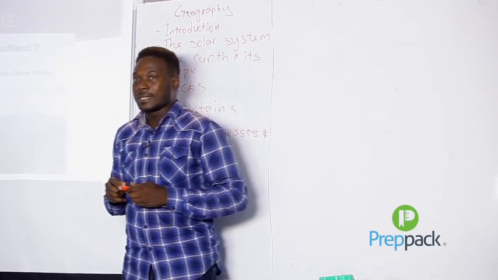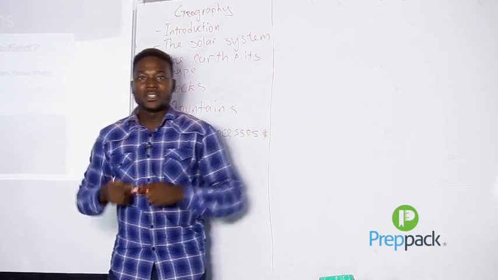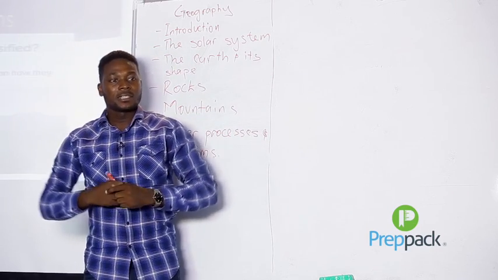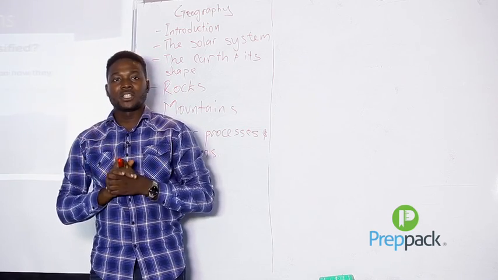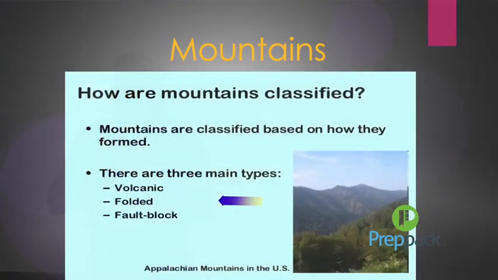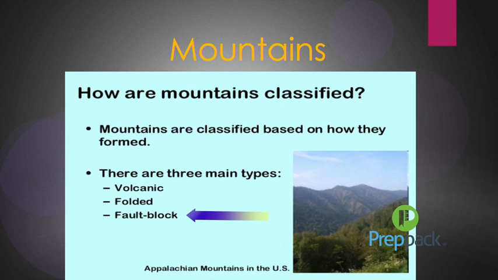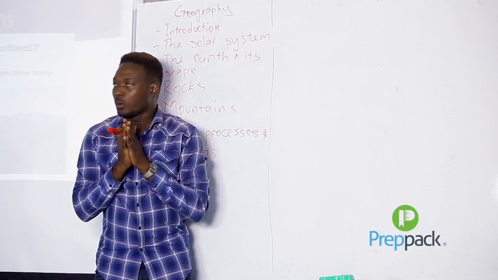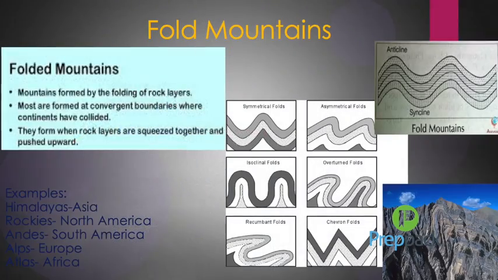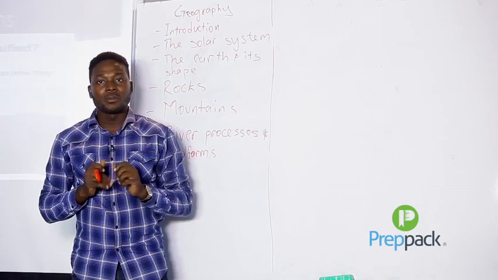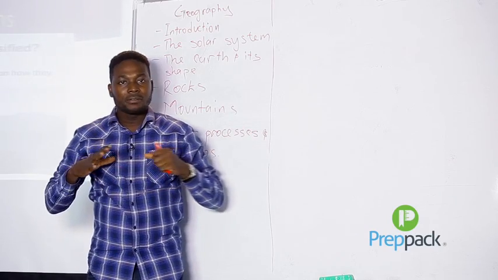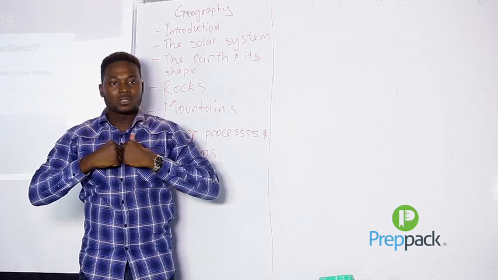When we talk about mountains, they are elevations on the earth's surface. Most mountains are way larger than rocks. And we have three major classifications. We have the fold mountain, we have the block mountain, and we have the volcanic mountain. Looking at the fold mountain, the fold mountains are formed from compressional forces within the Earth's crust.